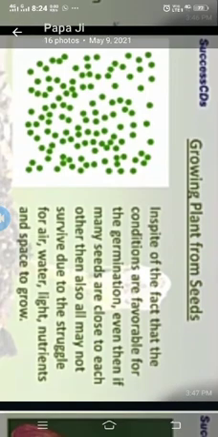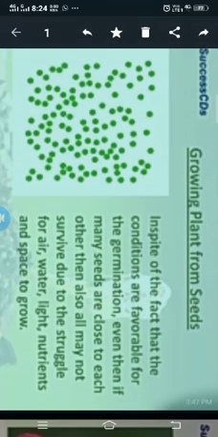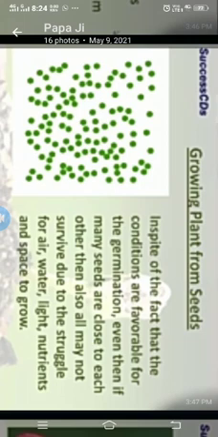In spite of the fact that the conditions are favorable for germination, even then, if many seeds are close to each other, all may not survive due to the struggle for air, water, light, nutrients and space to grow.